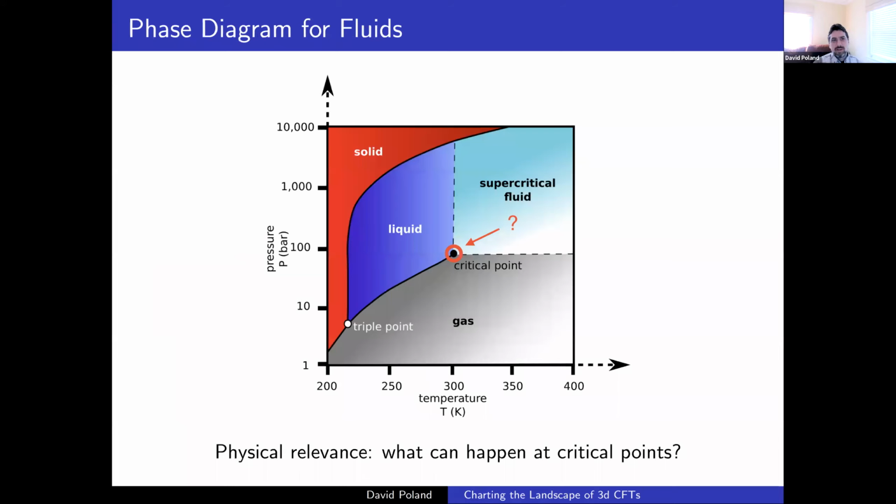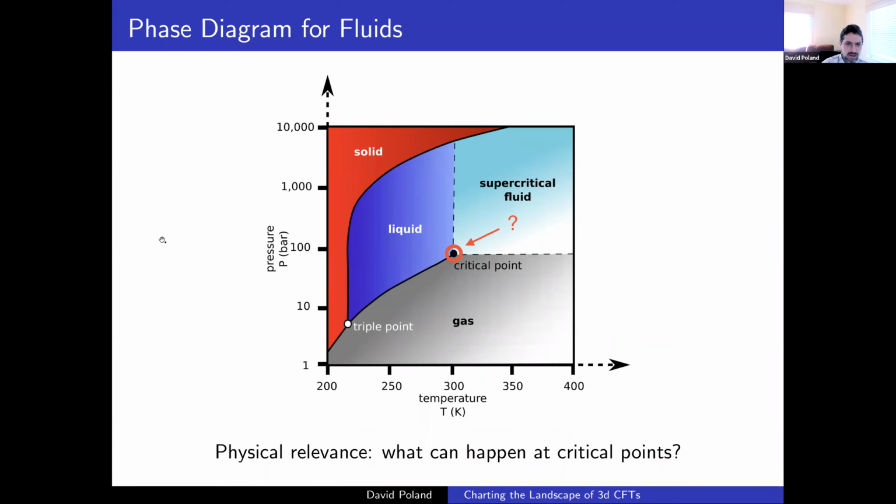Of course, there are many motivations for studying conformal field theories, but one of the most down-to-earth motivations is that they're relevant for the physics of critical points, such as you can find in a temperature pressure diagram in any fluid.